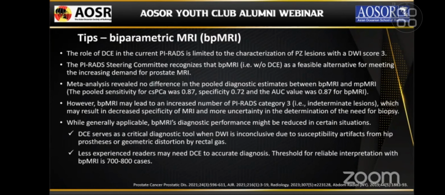Although some reports indicated that there is no difference in diagnostic performance between biparametric and multiparametric MRIs, it has been noted that the number of PI-RADS 3 lesions may increase and diagnostic performance may decrease in certain situations in biparametric MRI. For example, DCE is required when DWI is inconclusive due to artifacts.